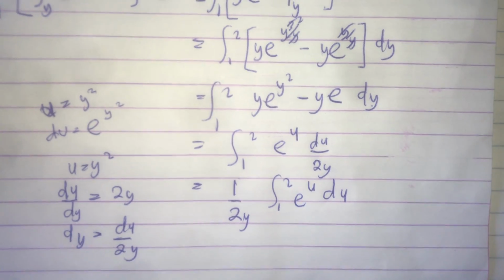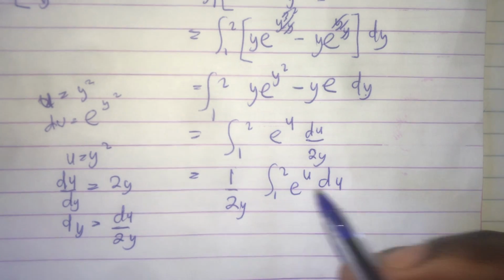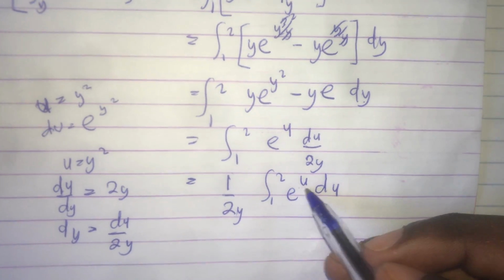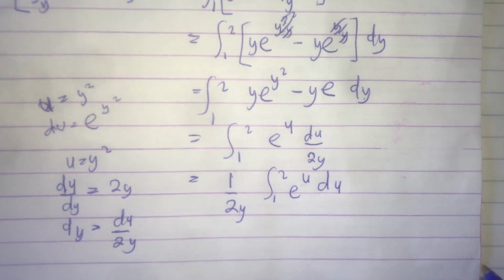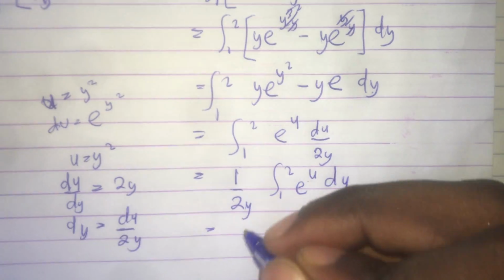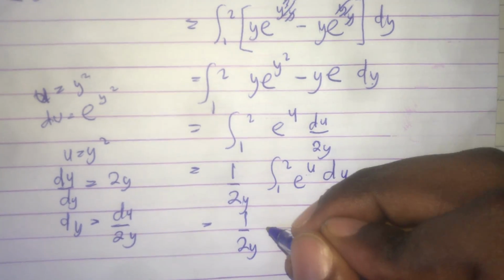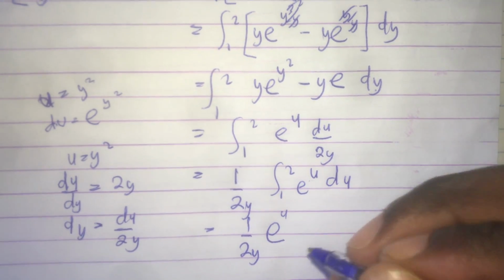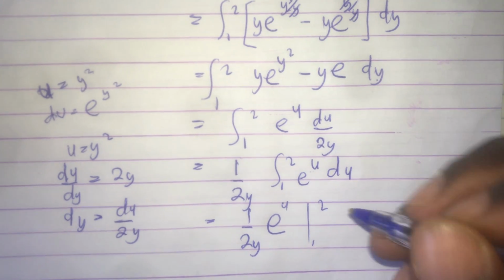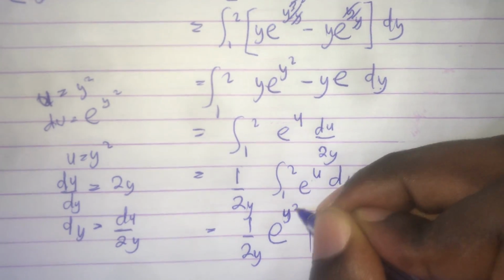Now we know that when you integrate e^u, you get e^u, because when you differentiate you get 1, and 1 times the whole of this is also 1. So you end up getting 1 over 2y e^u from 1 to 2. Now our u is what? y squared. So you have y squared.